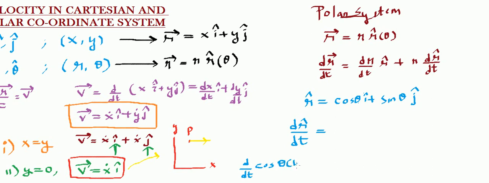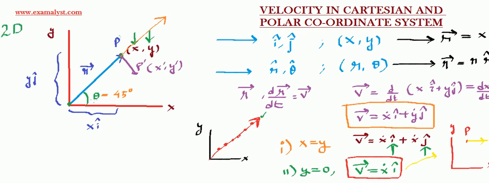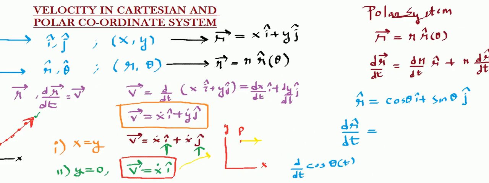Why is theta a function of time? Because the point is moving. Look at this diagram. If point P comes to P dash, then theta comes to theta dash. So as the point P is moving, the theta is also changing with time.